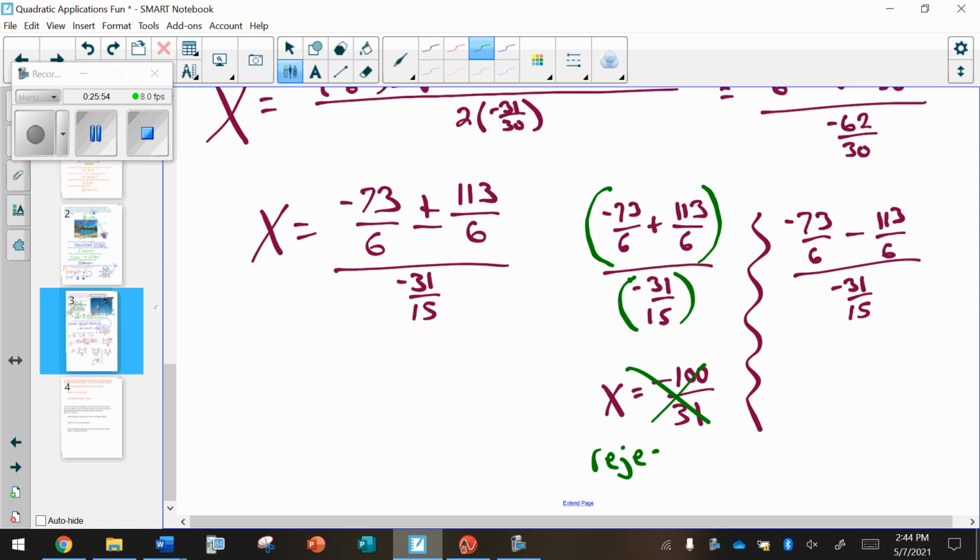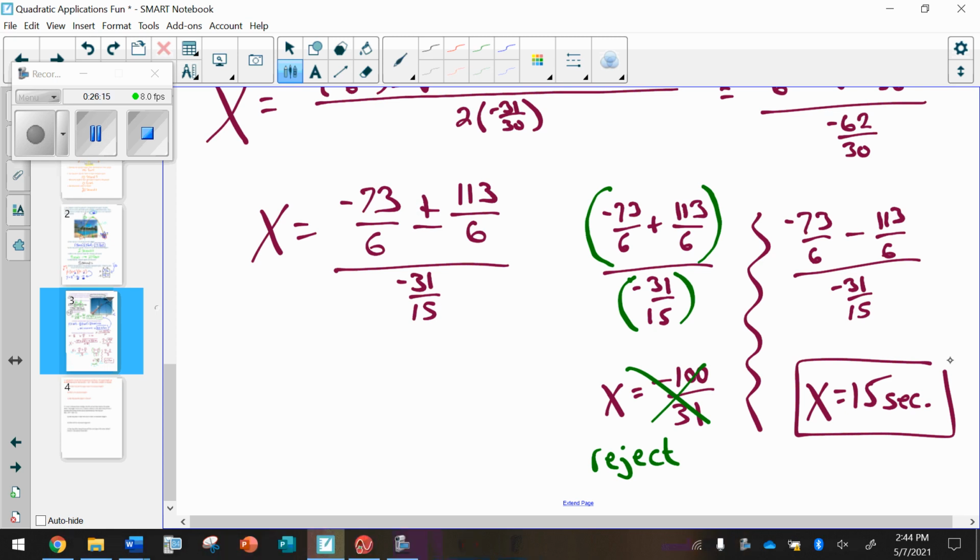So we reject that because time doesn't go backwards. Now, when I do the other calculation, we end up with 15 seconds. So it takes her 15 seconds to land on the ground. So after all that, the answer is 15.